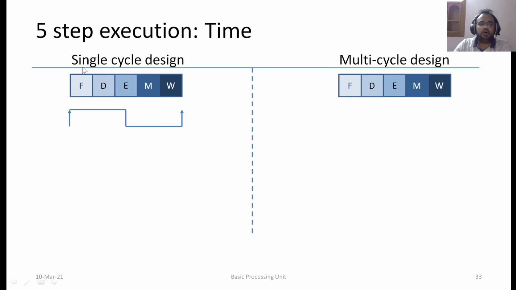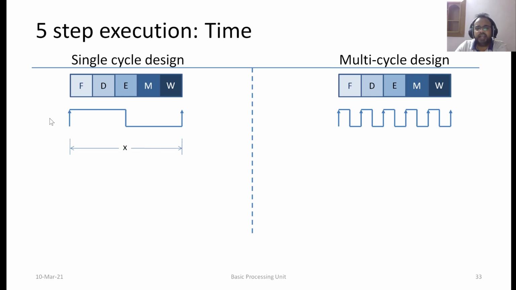In the single cycle design, all these stages or steps will together be counted as one cycle, right? The delay of each of these steps will be added, and that would make up our cycle time. But in multi-cycle design, as the name says, each instruction will take multiple cycles. Basically, each of these steps would take one cycle each. So the fetch stage would take the first cycle, decode the second, execute the third, memory the fourth cycle, and write back the fifth cycle.